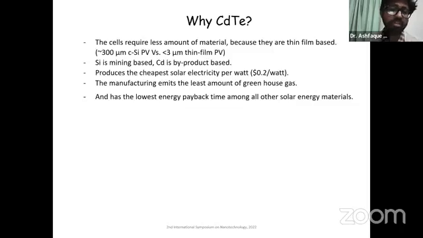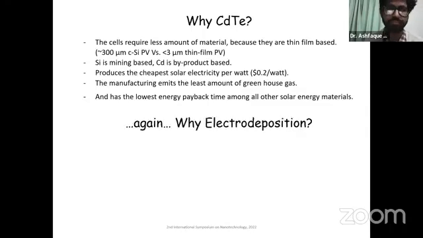In fact, it has the lowest energy payback time amongst all the solar energy material. So because it's byproduct based, making cadmium telluride based solar cells not only increases the renewable energy supply, but it also decreases the chances of cadmium going freely into the environment.